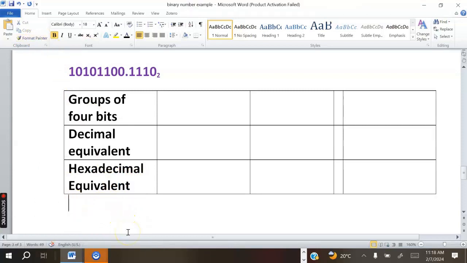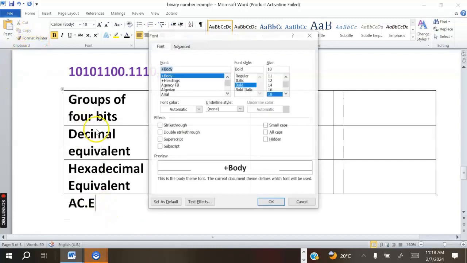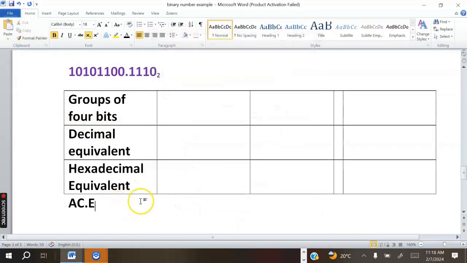This should be your answer, which is AC.E base 16.